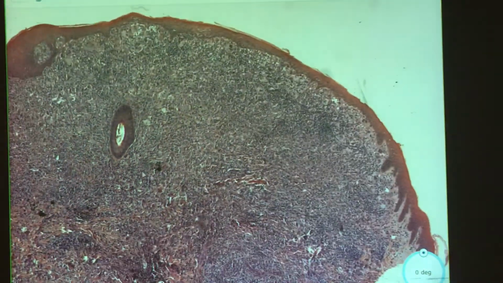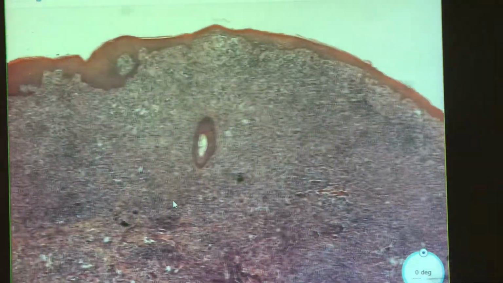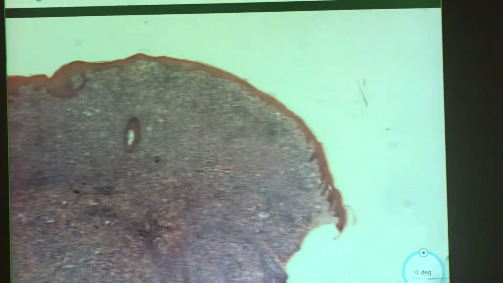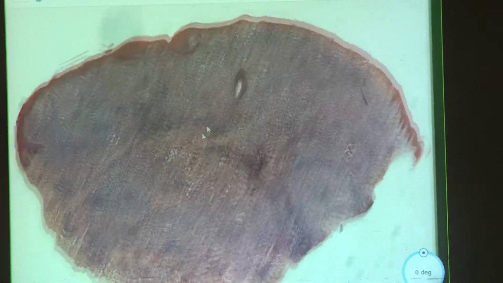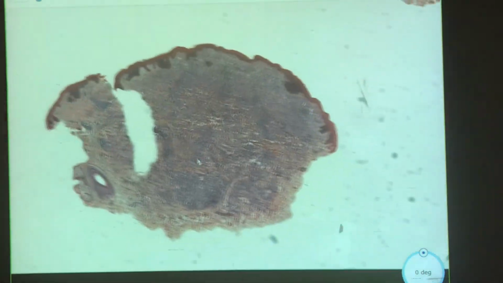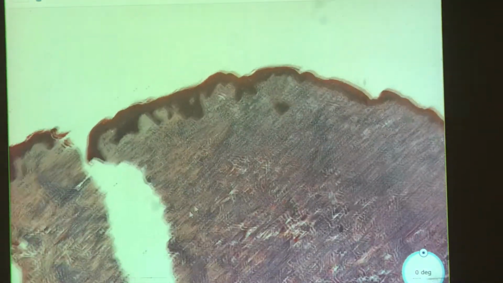Anything else I'm missing? I've been focused on this piece. Let's check the other pieces. Be a good pathology resident or pathologist. You also have to keep an eye on time.